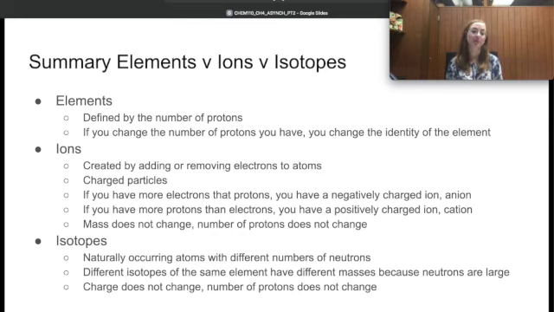So in isotopes, if we just have a neutrally charged isotope, the charge does not change, and the number of protons does not change. So it's just a quick summary of the difference between an element, an ion, and an isotope. Ions and isotopes are variations of elements, but elements are always defined by the number of protons you have. So that's a quick summary of how those are different, and that is isotopes.